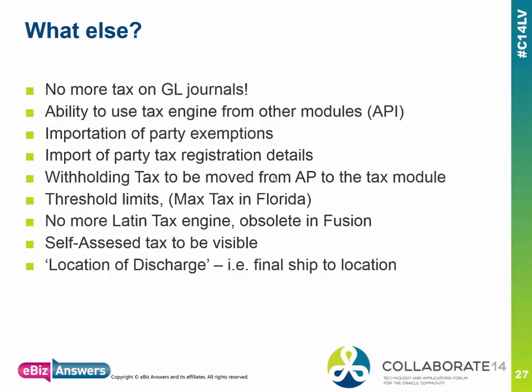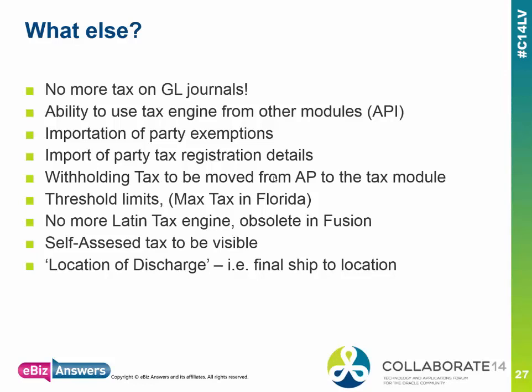So now we can put a final ship-to in. That means we can say the final ship-to is Russia, or the final ship-to is Germany. And therefore, the tax engine can be configured to look at the final ship-to rather than the actual ship-to location, and therefore, as the name says, location of discharge, i.e. the location where the product is actually going. It means we have more flexibility on how we want to deal with that.